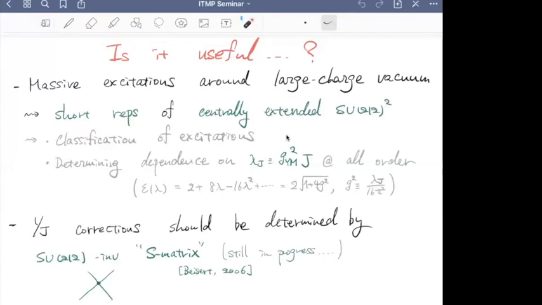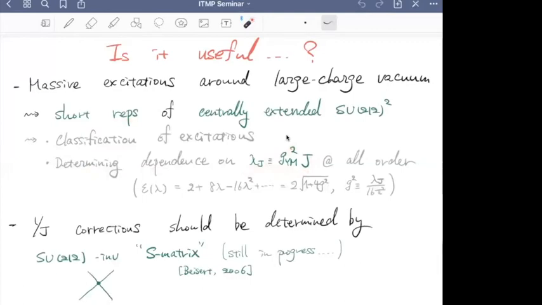And it's indeed useful. It's useful because you can use it for the classification of excitations on top of the large charge state. And it's also useful for determining the dependence on this large charge 't Hooft coupling, which we take to be finite in the double scalar limit.